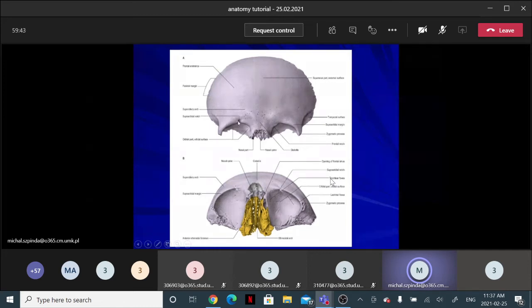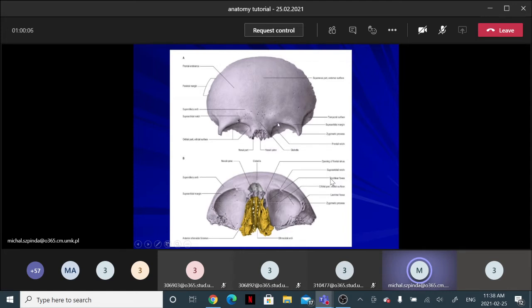Just here on the right, we can see the supraorbital foramen and medially the frontal notch. And on the left, no foramen on the left, only 2 notches.